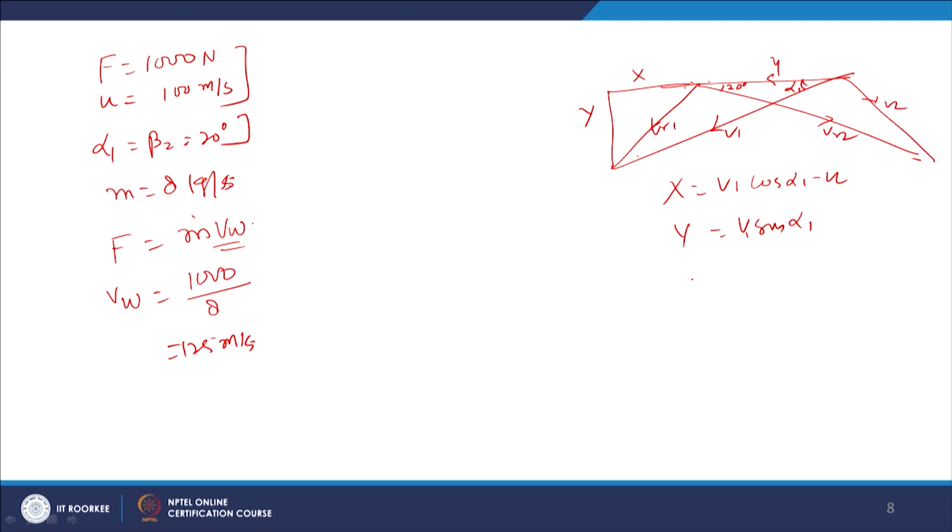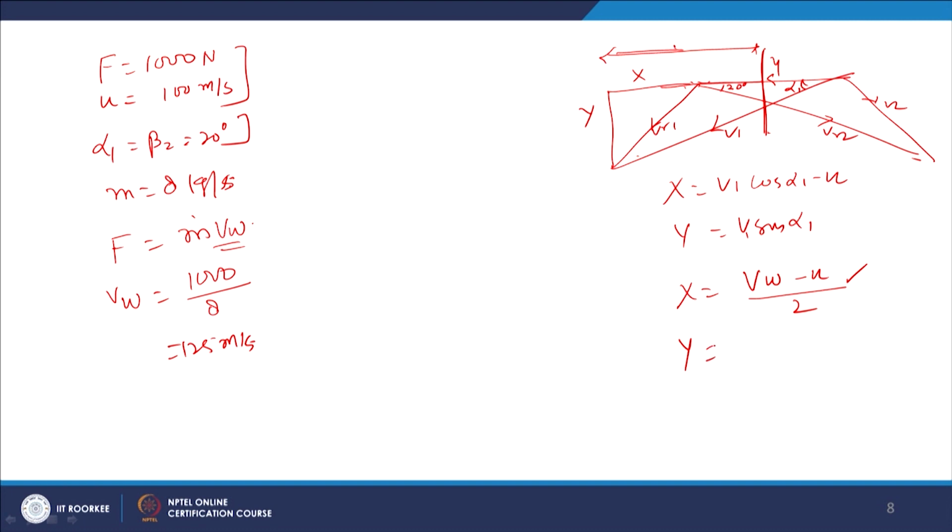Or we can say x is equal to VW divided by 2 minus u by 2. Half of this, because of the Parsons turbine symmetry, on both the sides, right? Minus u by 2. So we will get this.